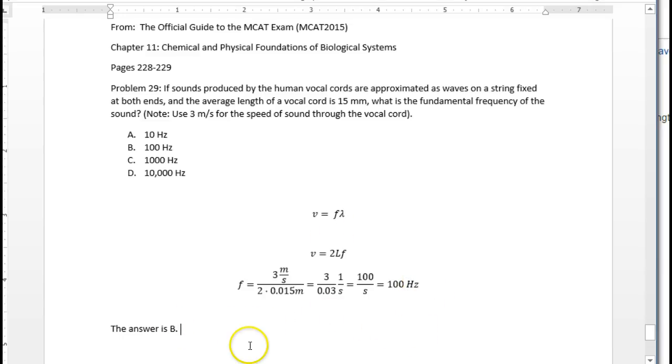Most female singers are in the 2,000 hertz to 4,000 hertz range. Most male singers are a little bit below that, but not much below that.